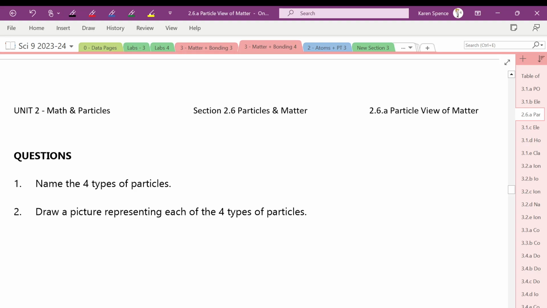And the answer key for this is just on the very back of this little package here. Okay? Page.